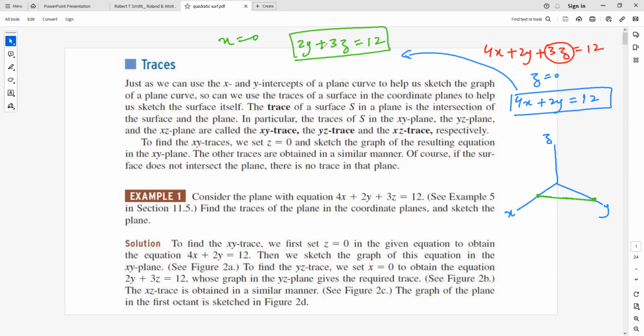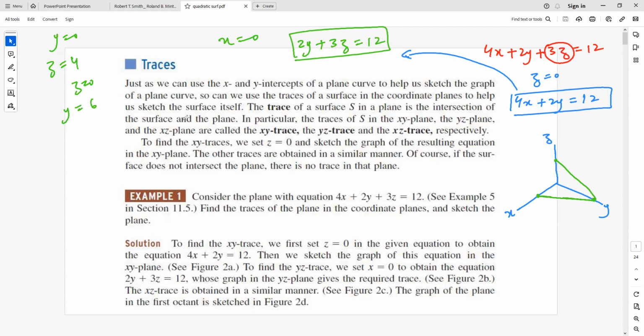We can find the points on the z and y axes by plugging in y and z as 0 respectively. If we put y equals 0, we get z equals 4. So this point will be somewhere here. And if we put z equals 0, we get y equals 6. This point is already marked here. So it will be a straight line joining these 2 points like this.